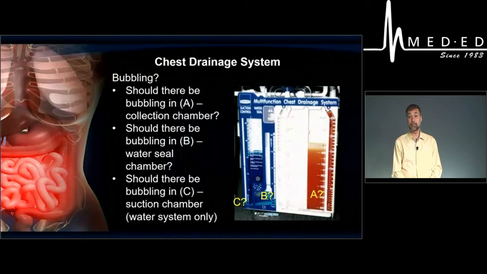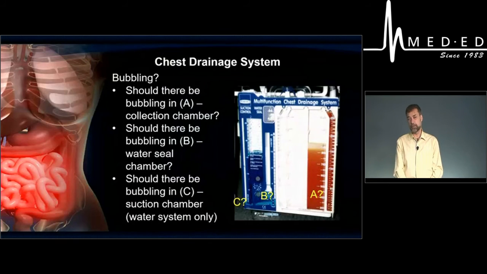Should there be bubbling in B, the water seal chamber? Well, the answer is yes, but, so make sure there's the but on there. Yes, but. So you may see some bubbling in B, the water seal chamber, but that bubbling should be intermittent, not continuous.